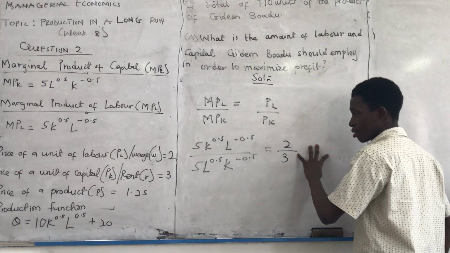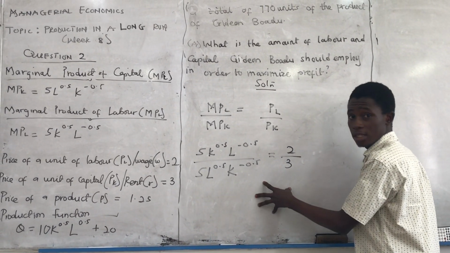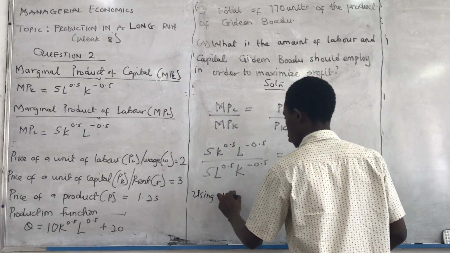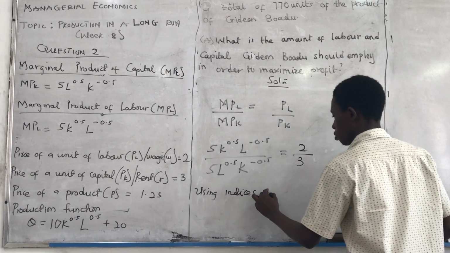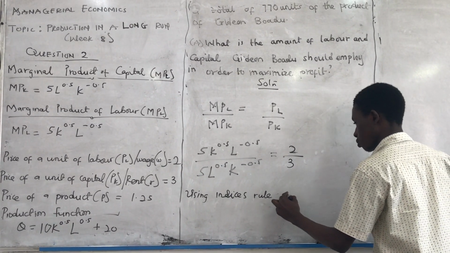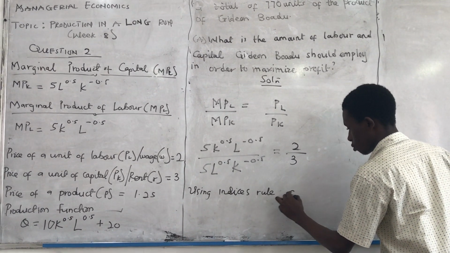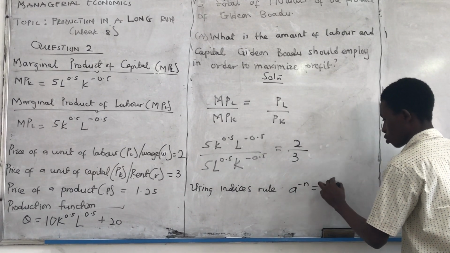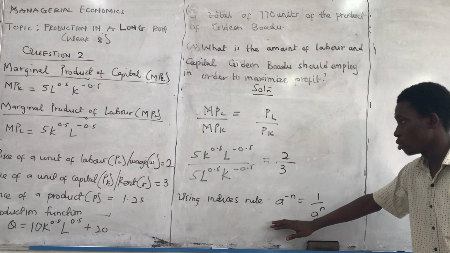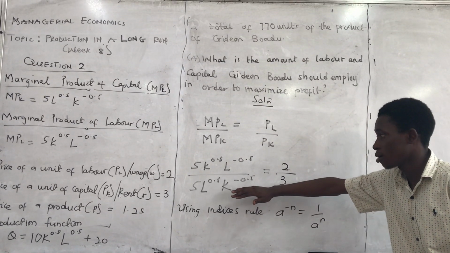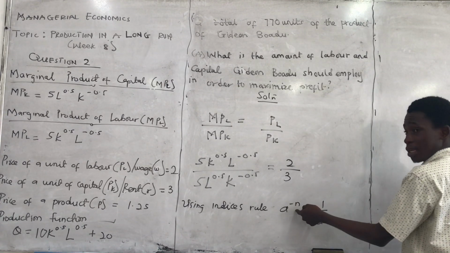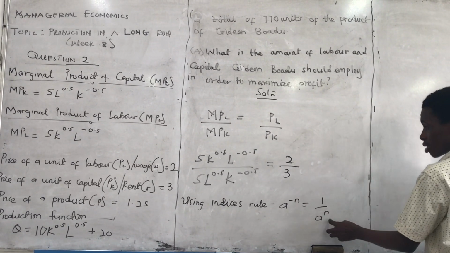The next thing when you get to this side is we use the indices rule: a exponent negative n is equal to 1 over a exponent n.